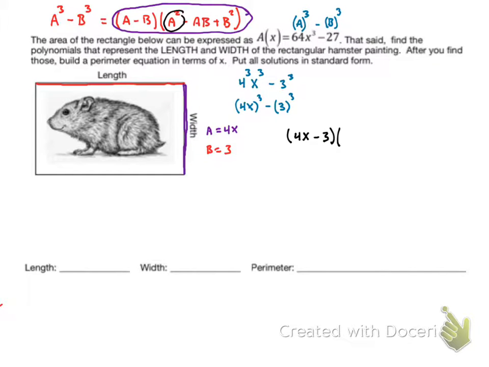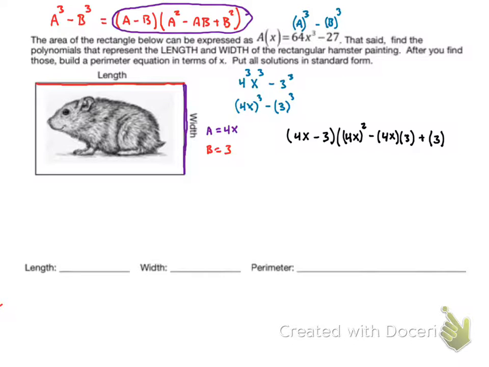Now going on to the next parenthesis, A squared, that's going to be 4x squared, minus A, which is 4x, times B, which is 3, plus B squared.